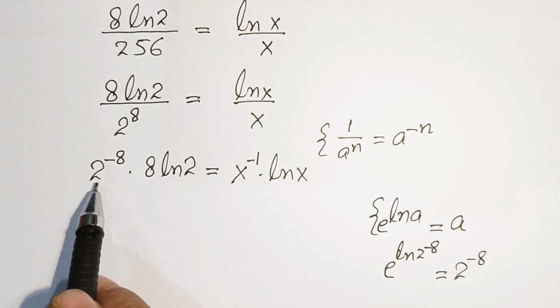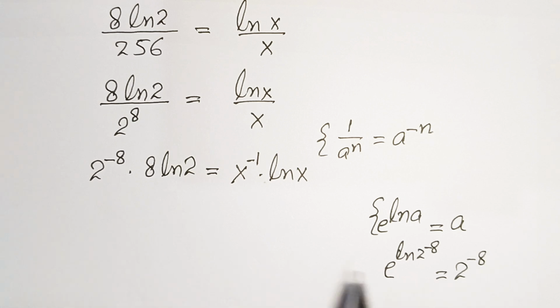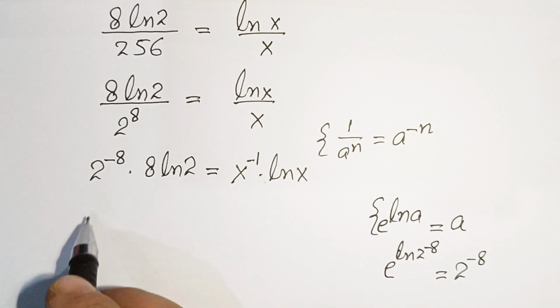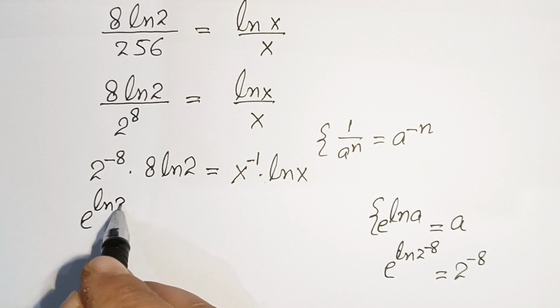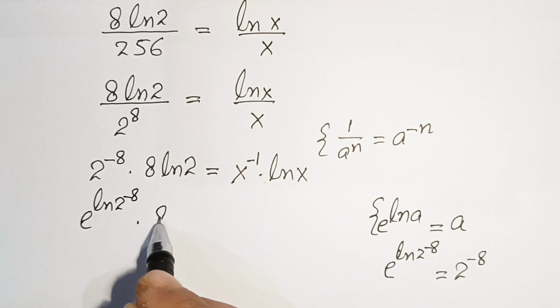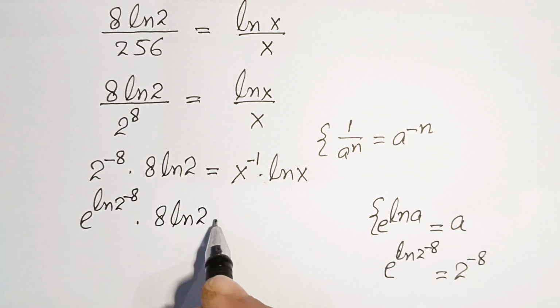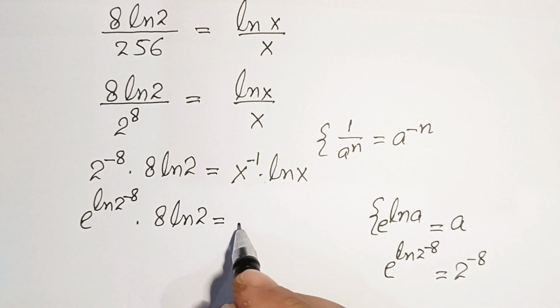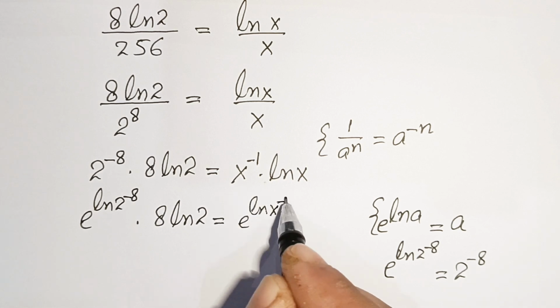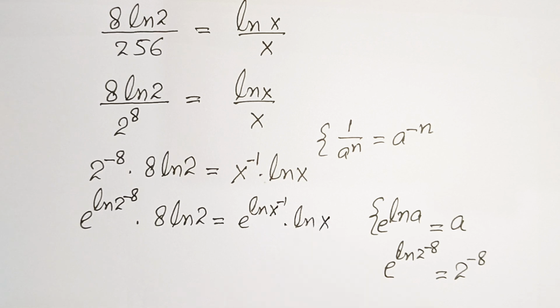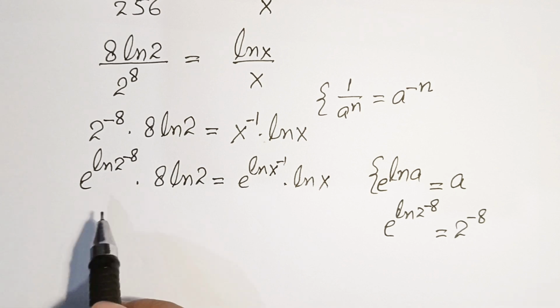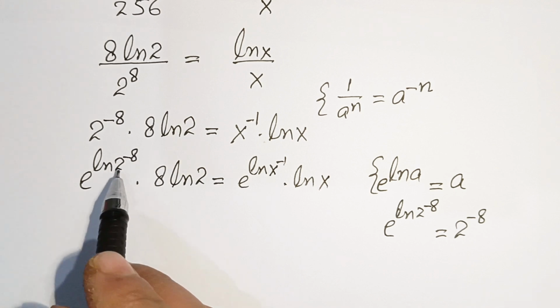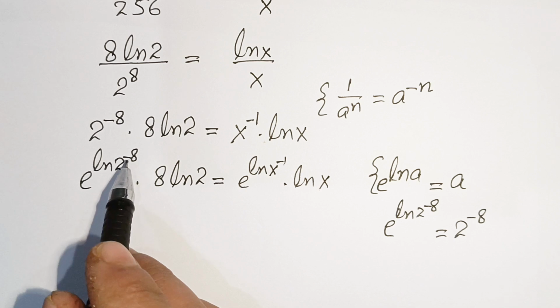And similarly here we use this step, so we get e to the power natural log of 2 to the power minus 8 times 8 times natural log of 2 is equal to, using the same step here, e to the power natural log of x to the power minus 1 times natural log of x. So here, by using the logarithm law, we shift this minus 8.